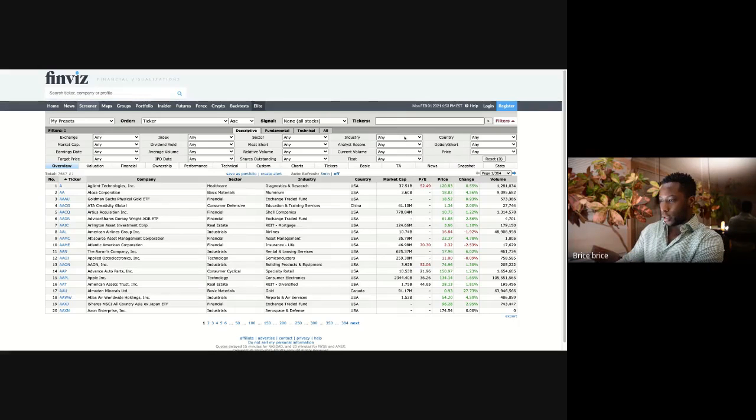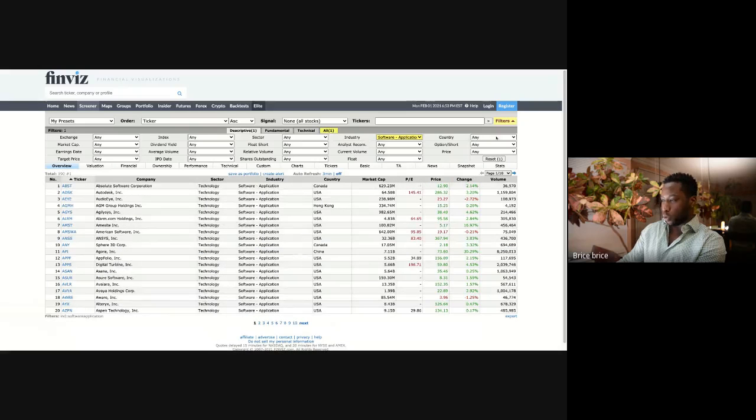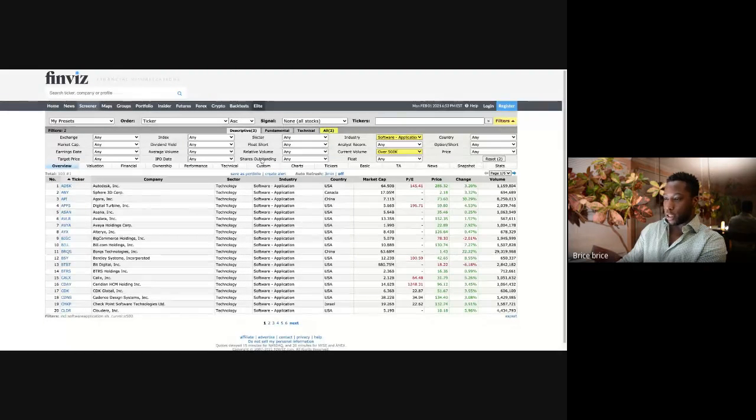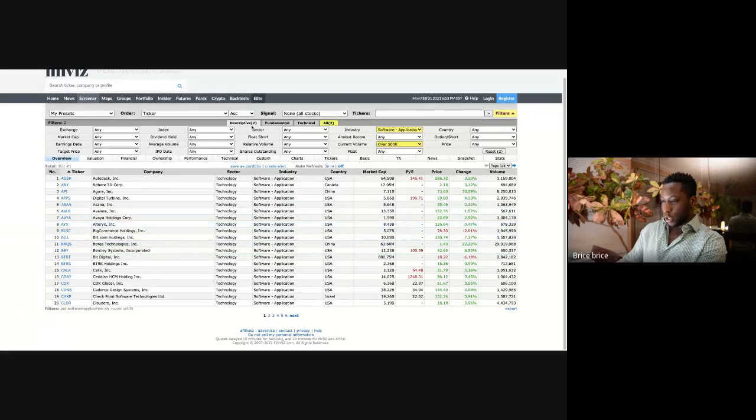I'm just going to go quickly over it so you guys can have an idea of how it works. I'm usually going into software and application only, because this is mostly what I'm looking at in the market, and I'm going for big companies, so let's say over 500,000 transactions, which is quite a lot, right?